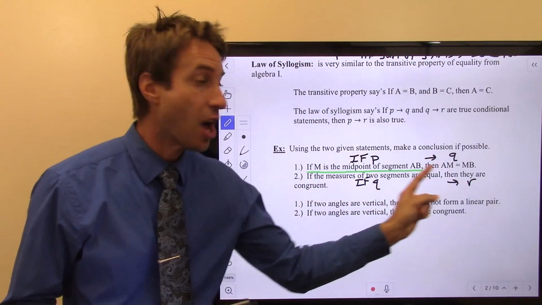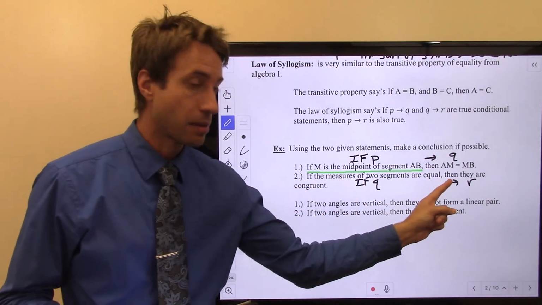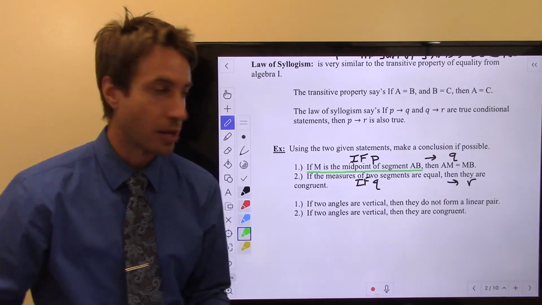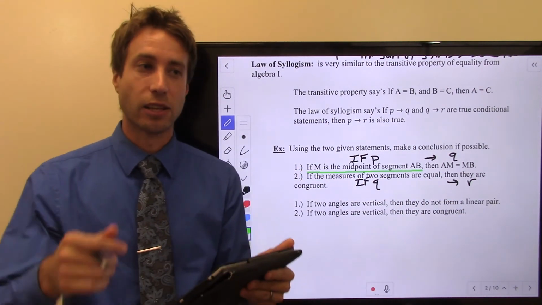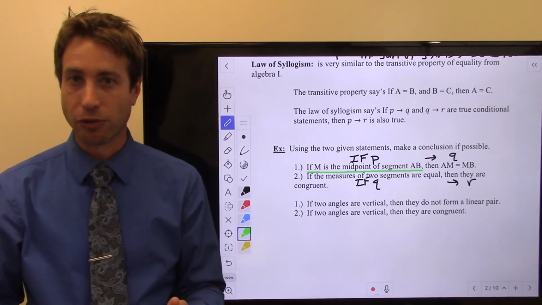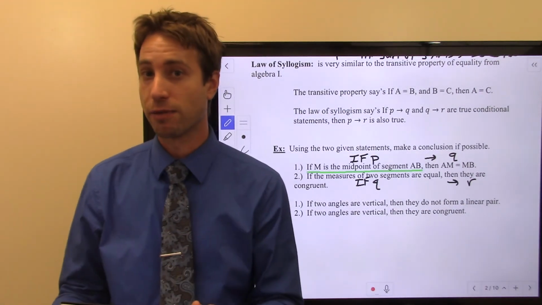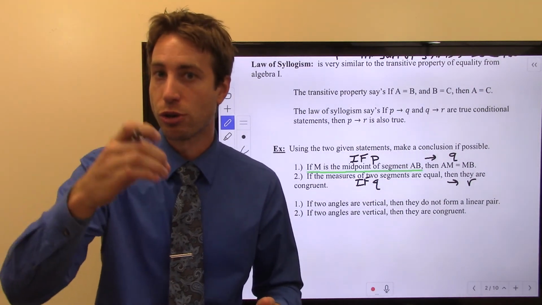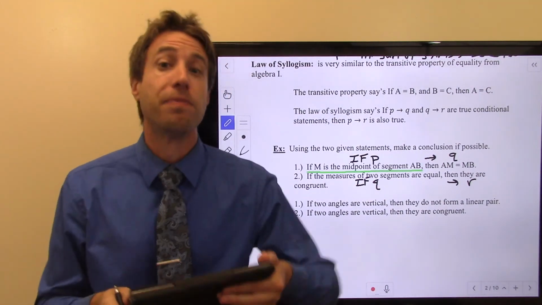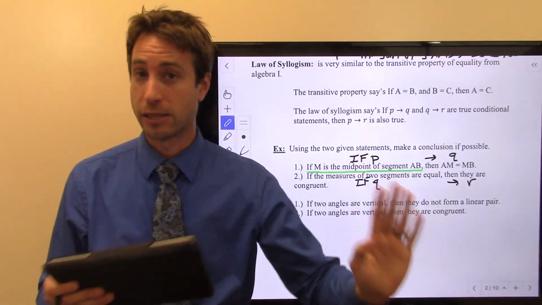Hypothesis, conclusion. Another hypothesis, my final conclusion. Cut out the middleman, original hypothesis, final conclusion. All right, that's the way that the law of detachment and the law of syllogism both use deductive reasoning to help you prove something. As long as the facts you're using are true, then your conclusion must be true based on deductive reasoning.